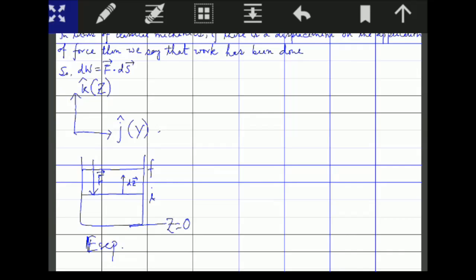Work done on the system is positive, so whenever we consider work in thermodynamics, we consider that some external force is working on the system. So the direction of force is shown in the figure, it is in the negative z direction. Now in case of expansion, the direction of displacement is in the positive z direction.